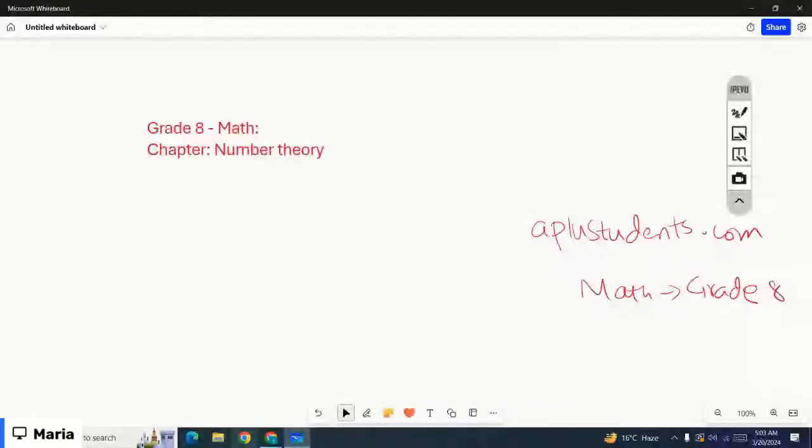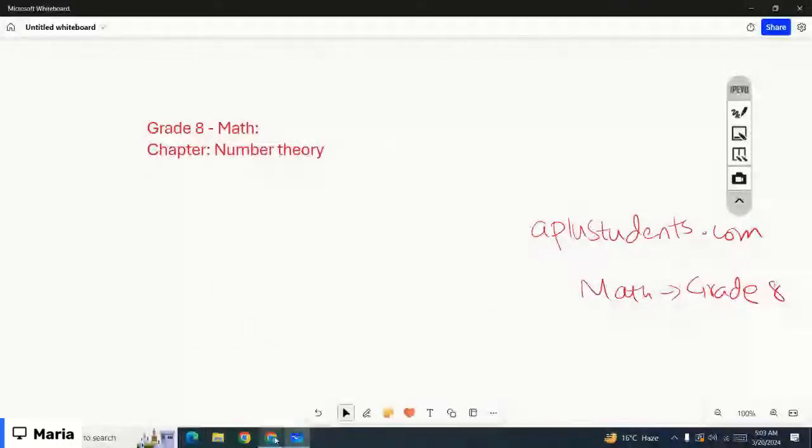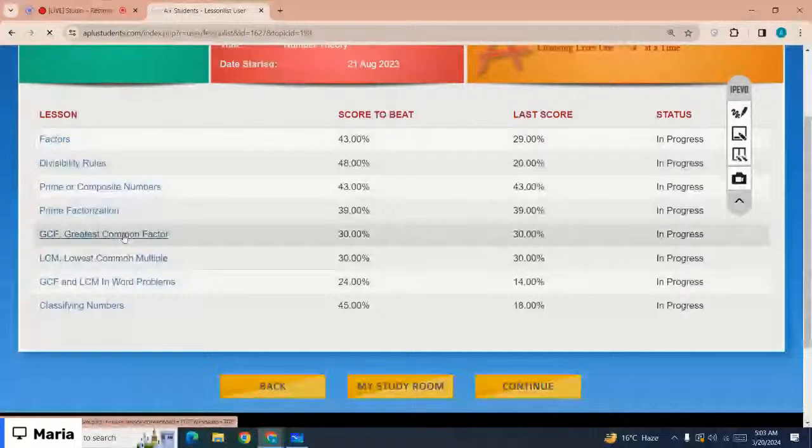So let's just start with the lesson. We're going to start with the lesson on the greatest common factor, GCF.